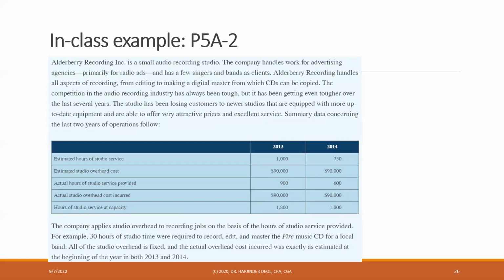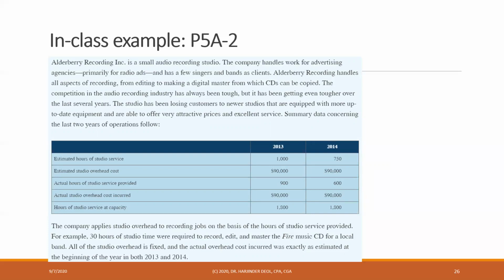Costs tend to be sticky. Actual hours of studio service provided was below what was estimated. So 900 hours in 2013, 600 hours in 2014. The actual studio overhead costs incurred, this is great that the company was able to remain spot on target, $90,000. The capacity of studio service that the company has is 1,800 hours.